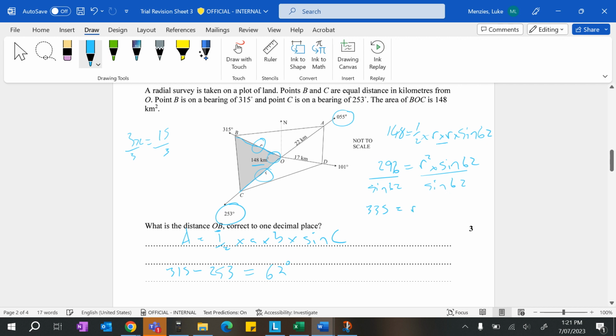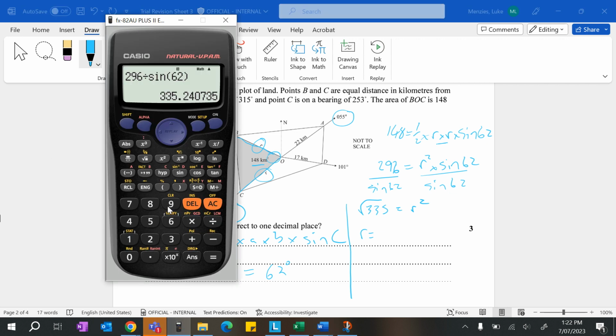335 is equal to r squared. Now I want to get r on its own. How do I get r on its own? I'll draw a line there just to help. You have to take the square root of both sides, and hence why I left my answer. So r is equal to the square root of that. Now this is a tough question actually.